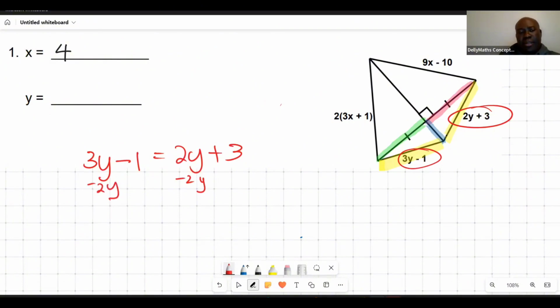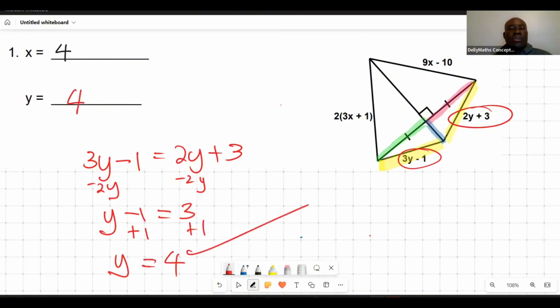On the left side, I'm left with y - 1, which is equal to 3. In an effort to solve for y, I'm going to get rid of that negative 1, so I'm going to add 1 to both sides. So y is now equal to 4.